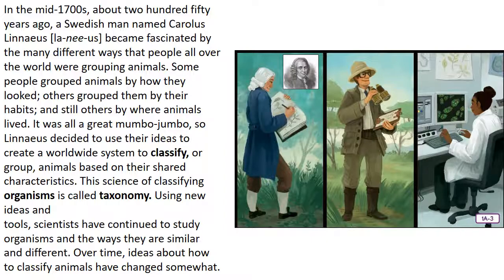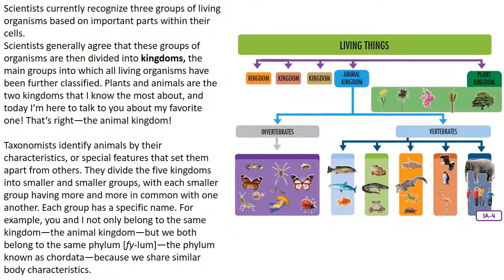Over time, ideas about how to classify animals have changed somewhat. Scientists currently recognize 3 groups of living organisms based on important parts within their cells. Scientists generally agree that these groups of organisms are then divided into kingdoms, the main groups into which all living organisms have been further classified.